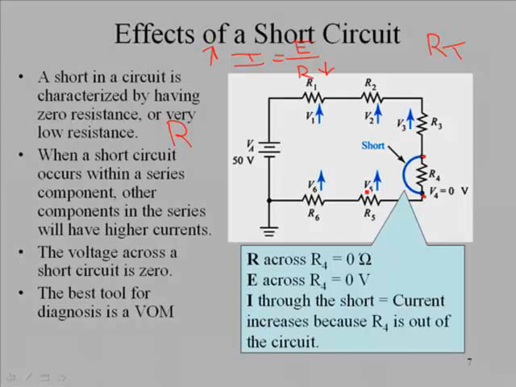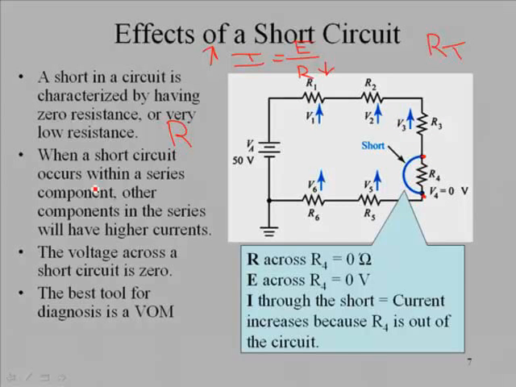You see these little blue arrows with a little V tied to them. This indicates that the voltage across all of these components will be a little bit higher. One of the resistors has been removed, shorted across, so resistance has gone down, current has gone up, and all the voltages have increased a little bit.